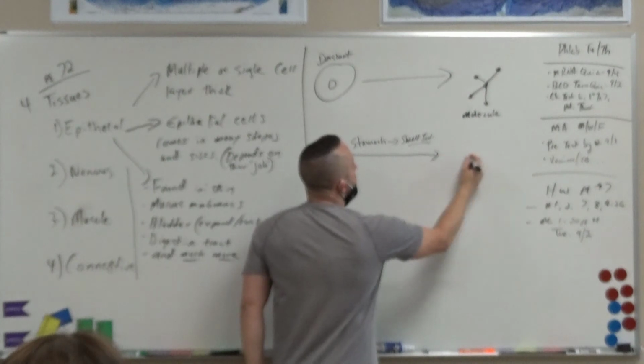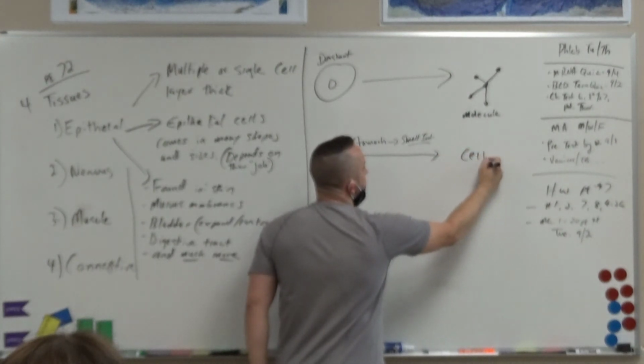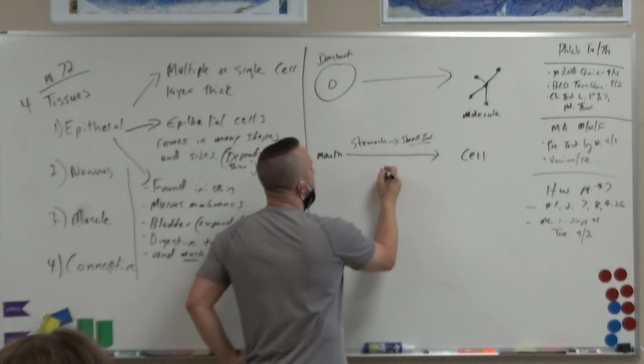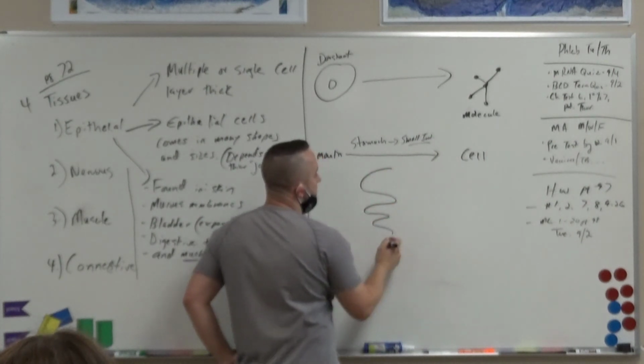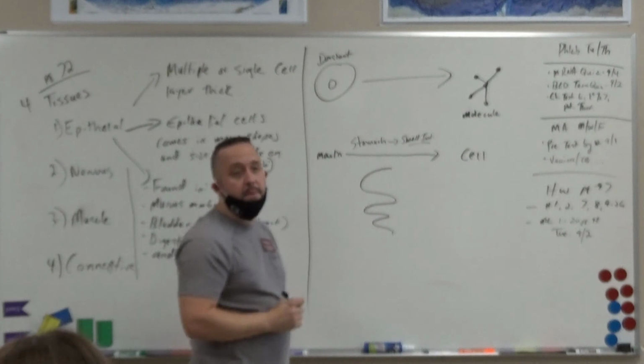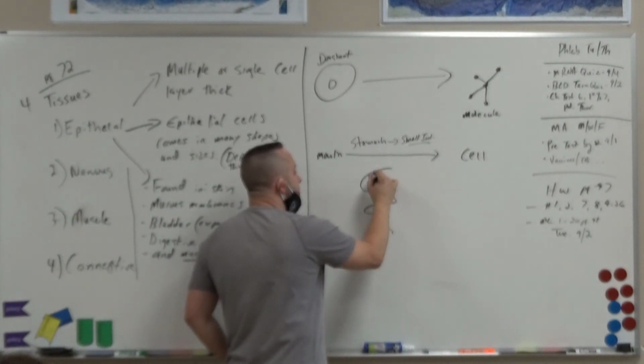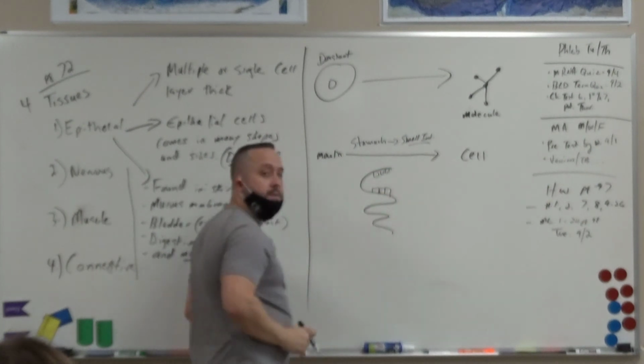And so finally we've got to get to a cell, right? If I have my small intestine here, and I were to zoom in and look at the cellular level, at the lining of this wall, these cells, what do they look like?